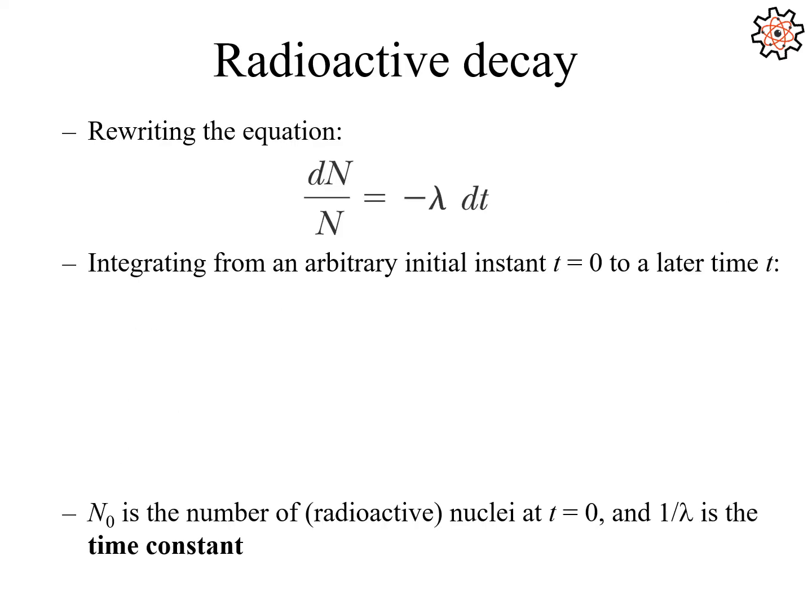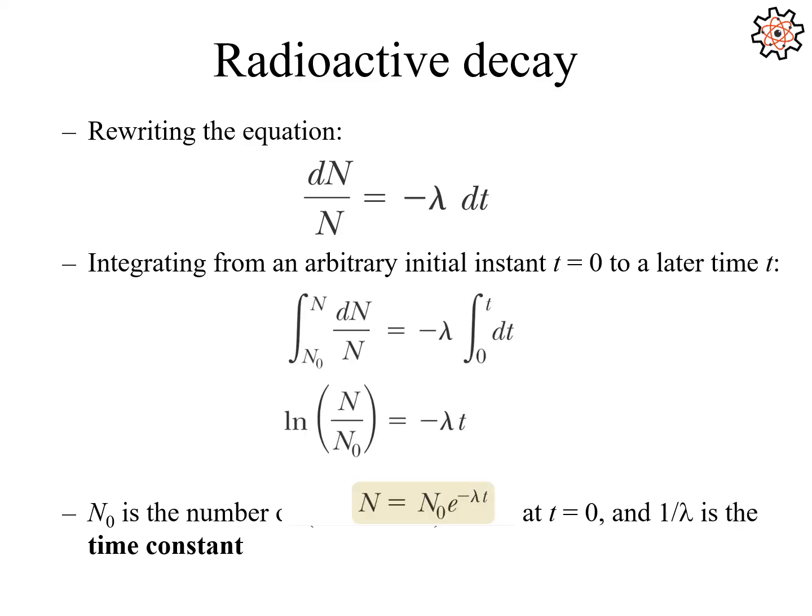If we rewrite that equation such that we have N on the left and time on the right, we can integrate both sides of the equation. And if we do that, going from an initial population N0 to a final population N, the initial population at time t equals 0, and the final population measured at time t, then we arrive at ln(N/N0) equals minus lambda t.